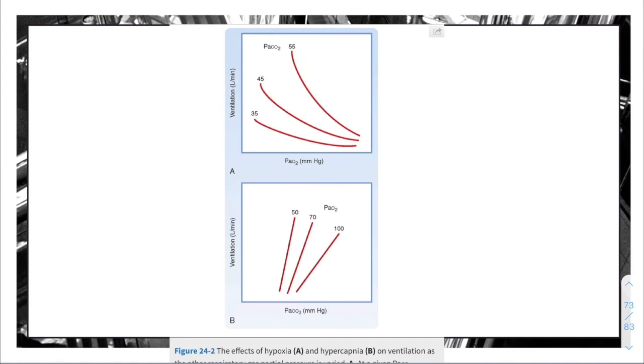So the sensitivity to your PaCO2 increases in the presence of hypoxia. Even with a small increase of your PaCO2 in the presence of hypoxia, your ventilation increases.